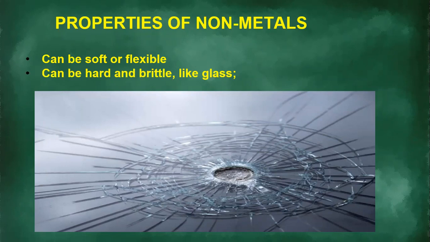Let's talk about non-metals, and I'll talk about a few properties of non-metals. Amanda says that some metals lose their shine because they are going on a rusting stage.